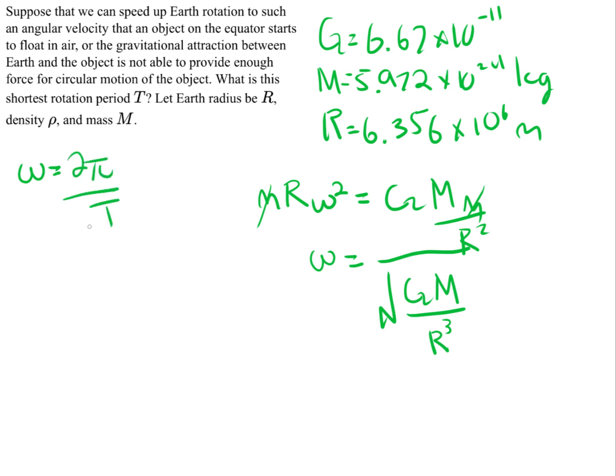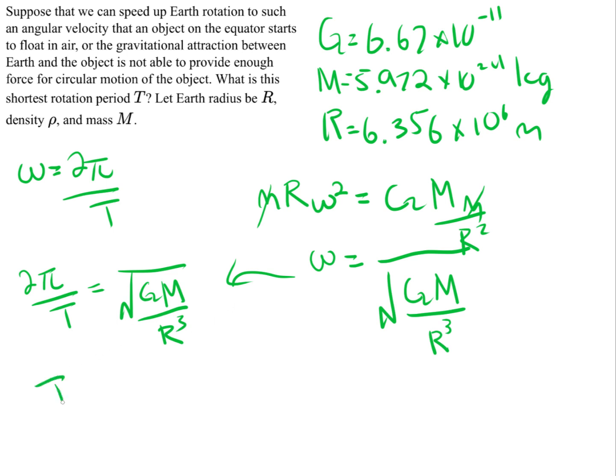So we can replace that here. So 2 pi over t is equal to the square root of G M, the gravitational constant times the mass of Earth, divided by the radius of Earth cubed. And now we just solve for t, which gives us 2 pi times the square root of r cubed over the gravitational constant times the mass of the Earth.